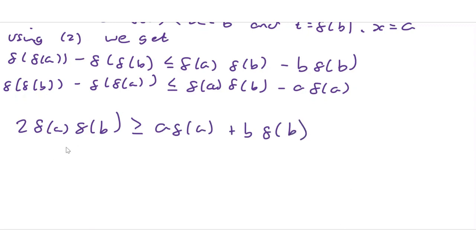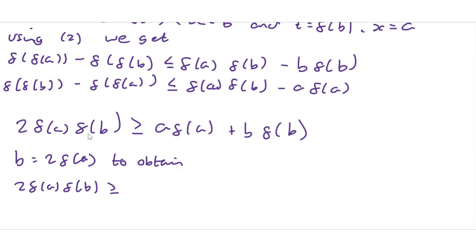Now into this inequality here, we substitute in b is equal to 2 f of a, and this becomes immediately apparent while we do this, because when you sub that into this inequality here, we get 2 f of a f of b, yeah, we'll leave this b alone, is greater than or equal to a f of a plus 2 f of a f of b.